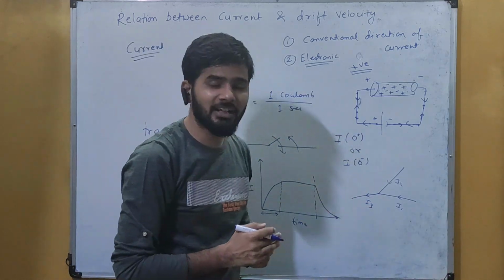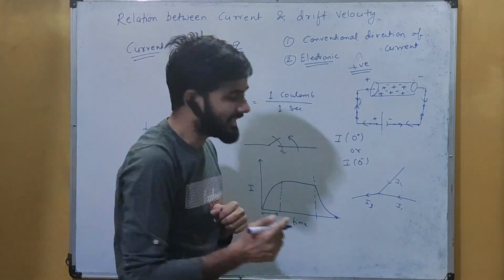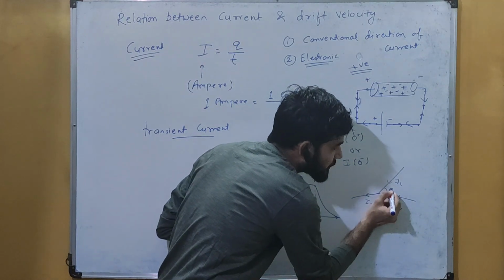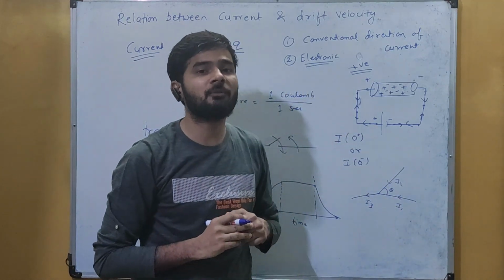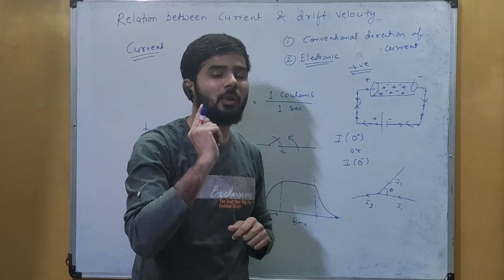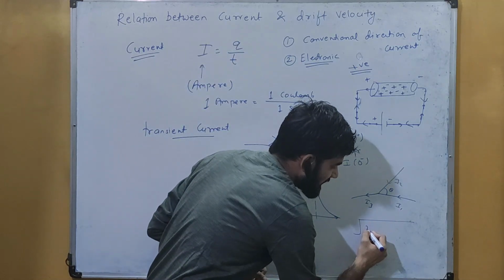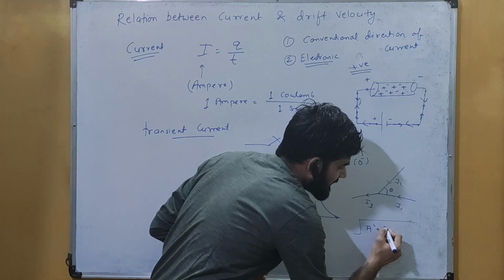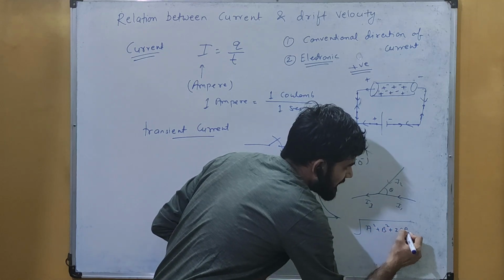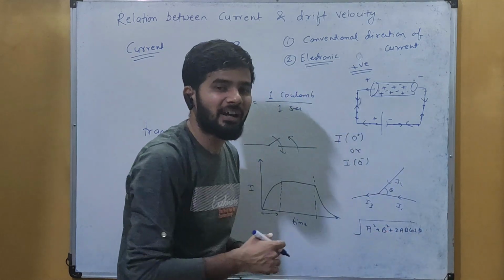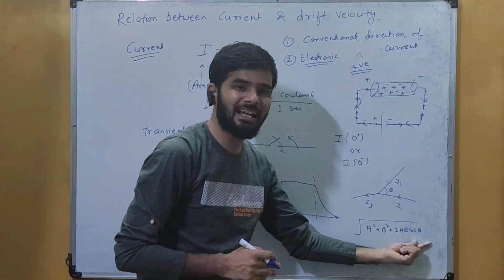Now if I am considering this current to be a vector quantity, then the angle between these two should affect the value of current. क्योंकि जब भी हमारे पास दो वेक्टर्स होते हैं which are inclined at an angle, then we have a square plus b square plus 2ab cos theta. By this we are finding the resultant, which depends upon the angle theta.